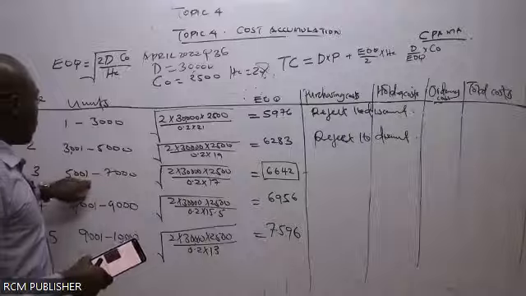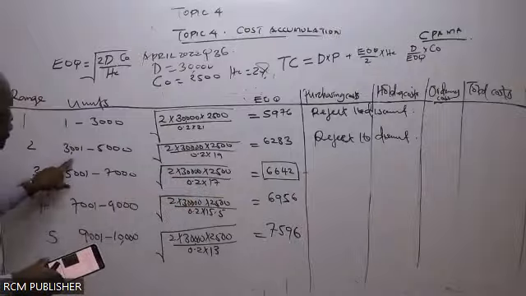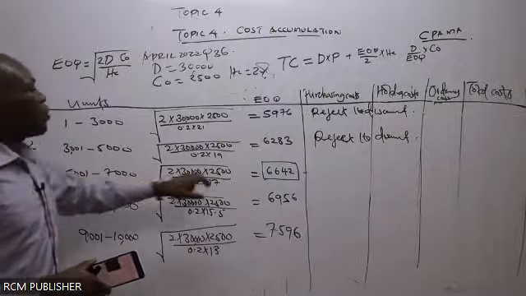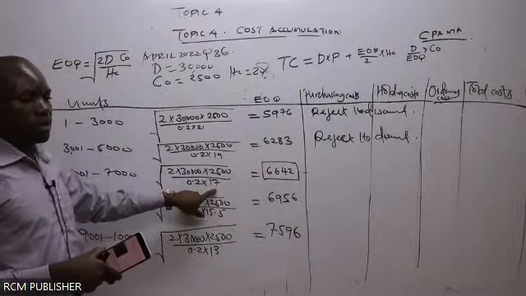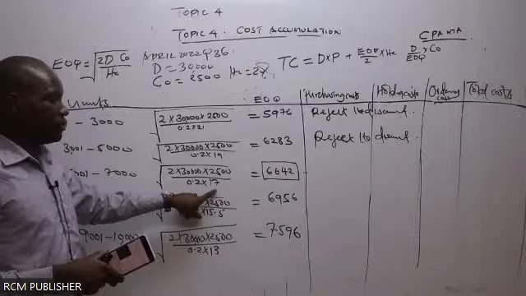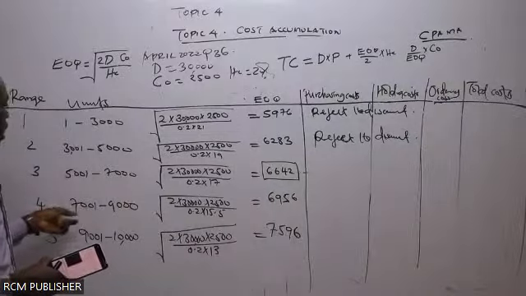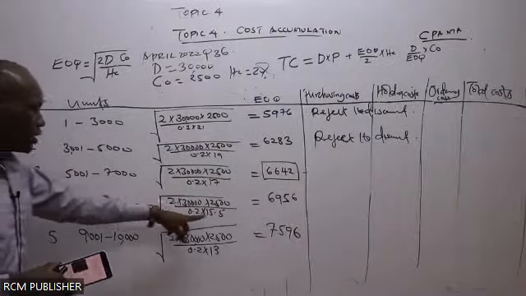When we came to the third one, our economic order quantity was within the range, and therefore we are not going to take 5,001. Let's just order our economic order quantity, because still we are going to have the 17 shillings discount.